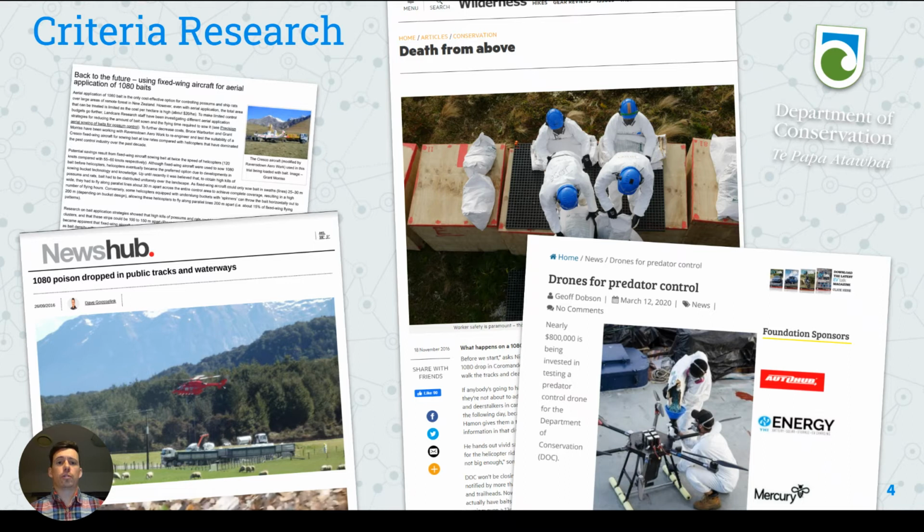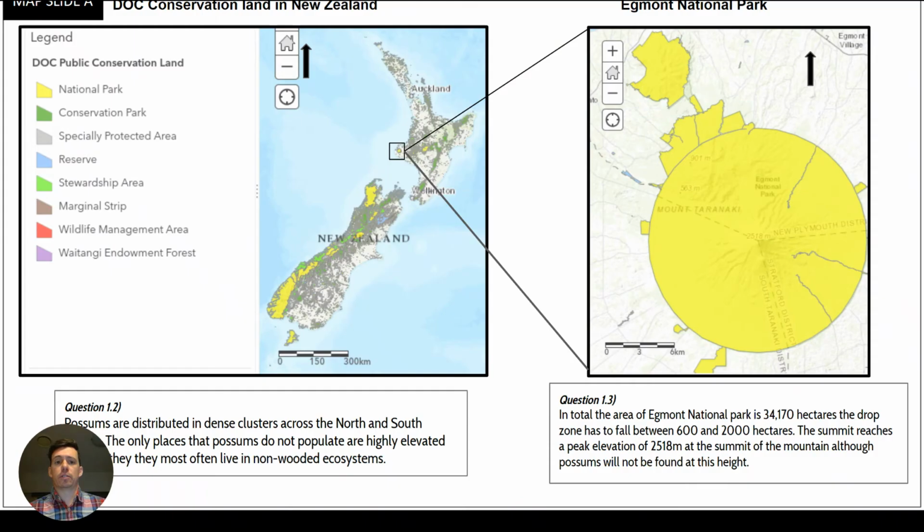This led us to doing some research around criteria, which from a range of different sources gave us a bunch of different things that we wanted to focus on. Some of them were reasonably arbitrary because, of course, the emphasis here is on teaching the students the skills, but it was nonetheless based on the information that we found.